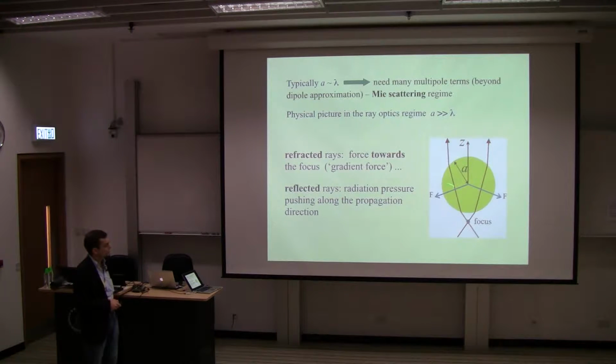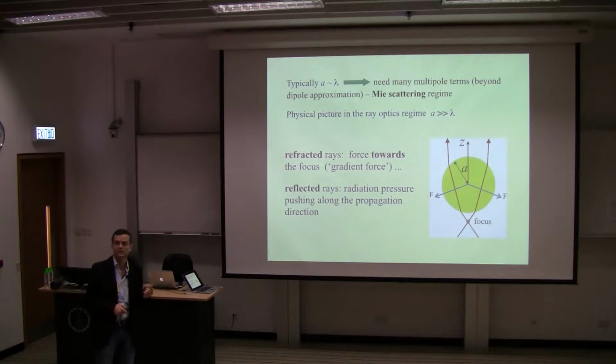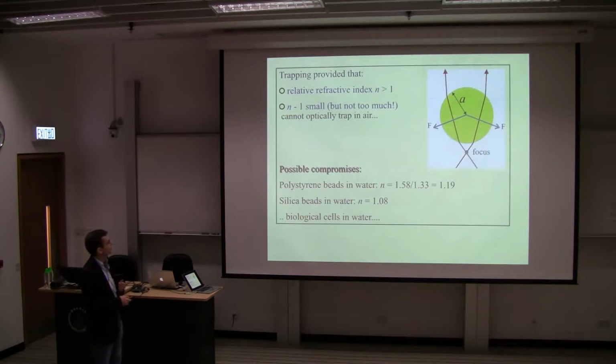But I'm not showing you here the reflected rays. There is a probability that each photon is reflected, and if it is reflected, then it's going to push the sphere along the propagation direction. This is what we call radiation pressure. So you see that we need a few things. We need a relative refractive index larger than 1.